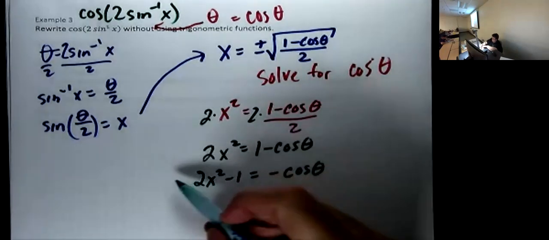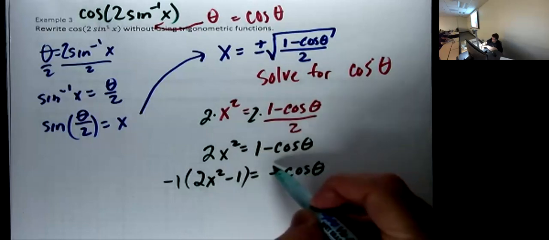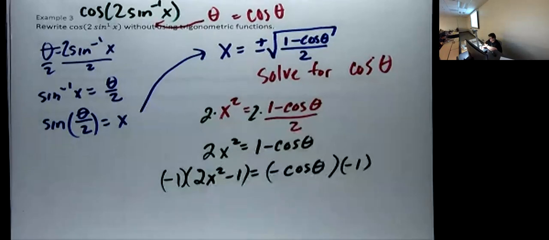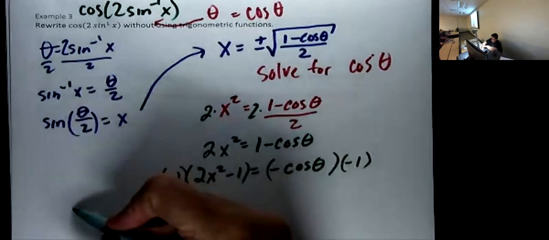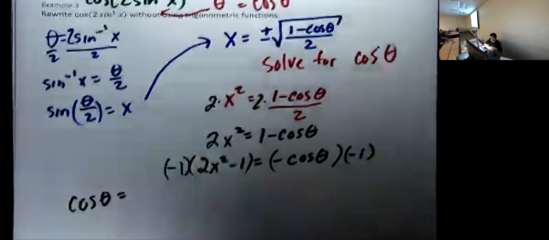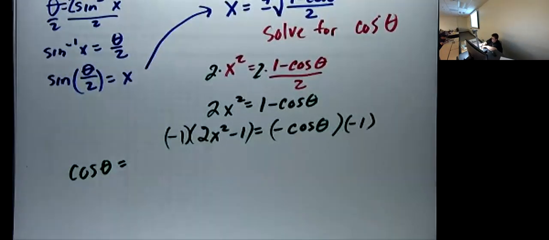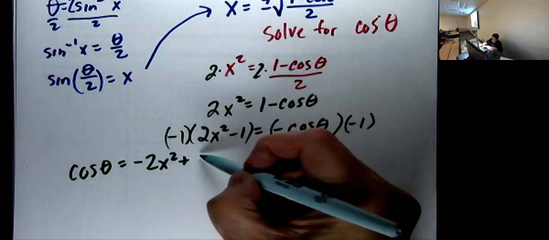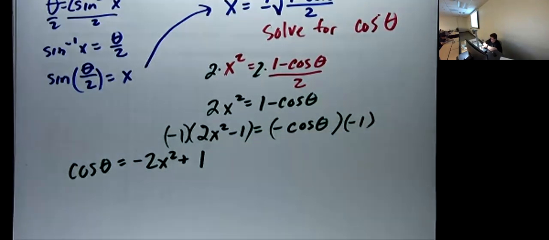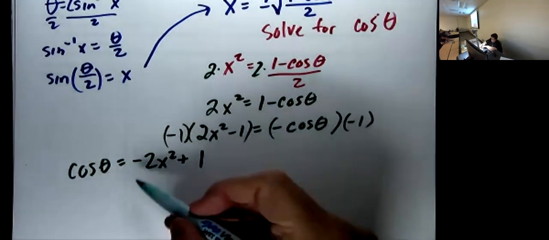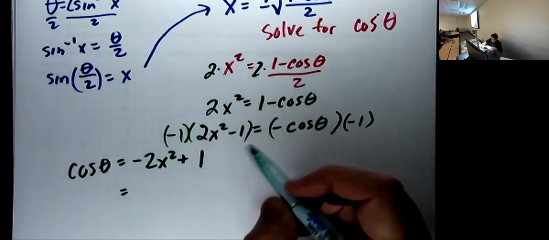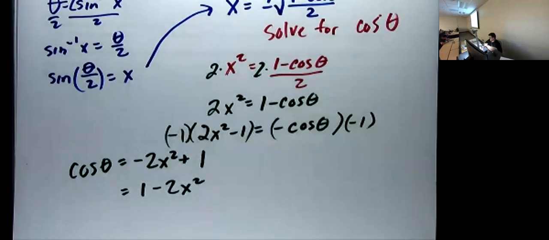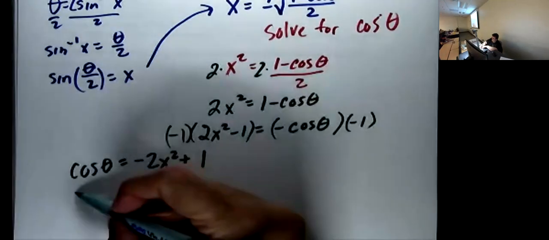And if we multiply both sides by -1, we get cosine theta equals... Well, one way of writing it is just changing the signs and leaving them in order. The other way is basically swapping their positions: 1 minus 2x squared. Either of those is correct.